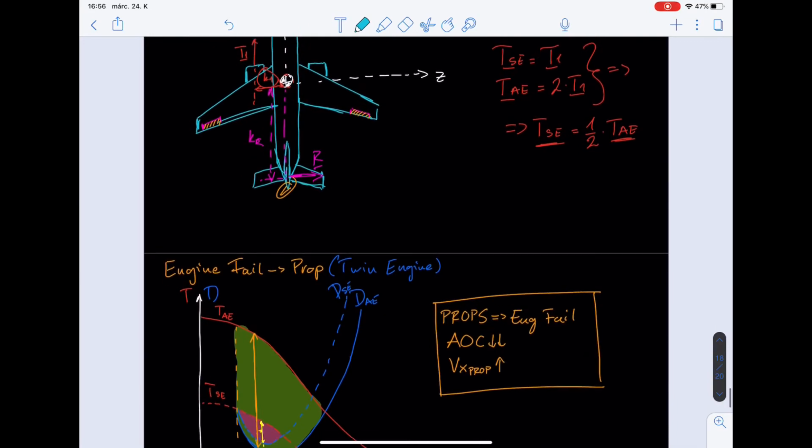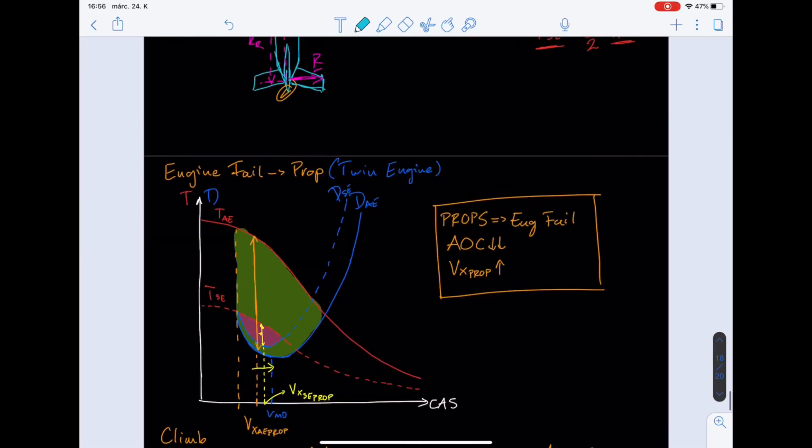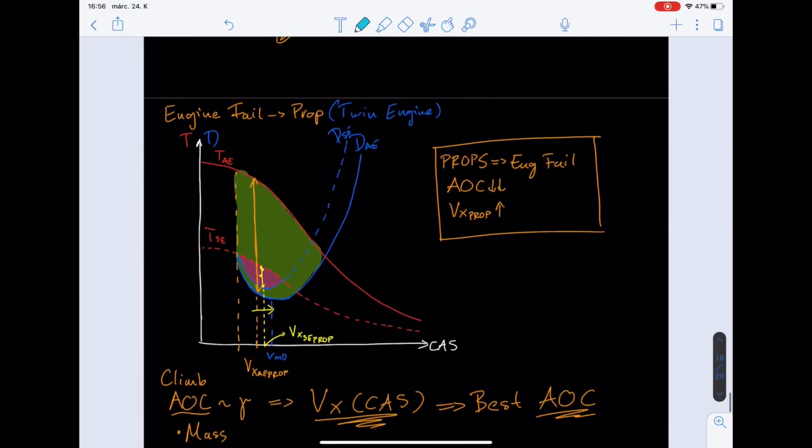Okay, we also see that for the propeller-driven aircraft, if you have an engine failure, it is a bit different. So of course the angle of climb is still significantly reduced. So we went from this big area with respect to excess thrust down to this very small area with excess thrust.